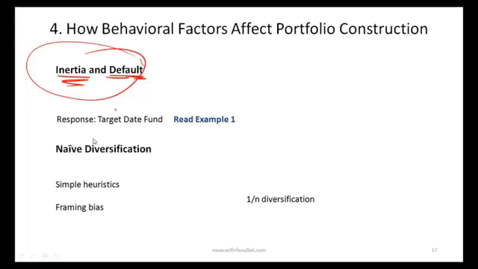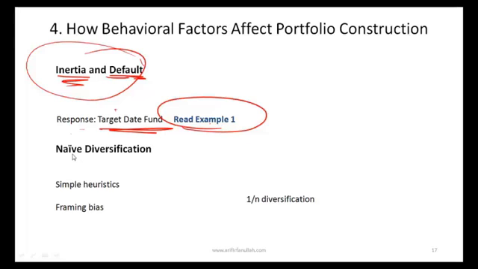So one possible response is what's called a target date fund, which says that, okay, when you set up your fund, you recognize when you are retiring, and as you get close to retirement, then you start shifting your allocation towards safer investments. And I'm not going to do this here, but a good example of this is given so read example 1 for this. It's a quick short example and essentially highlights what I just talked about.